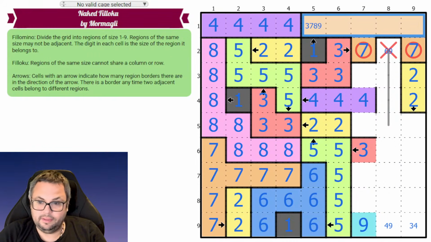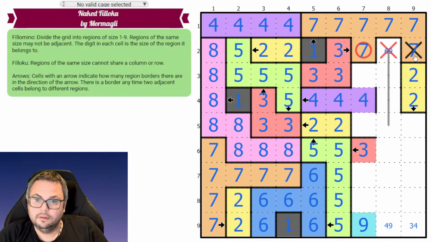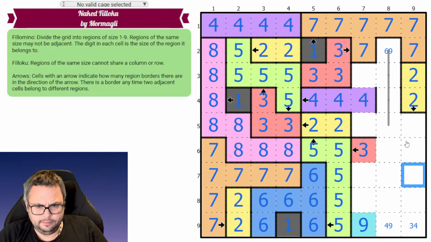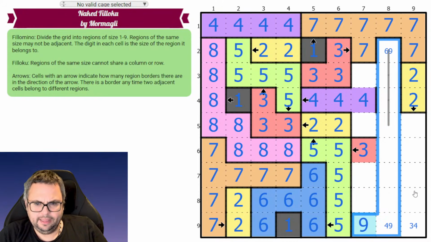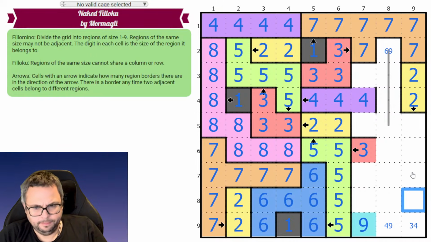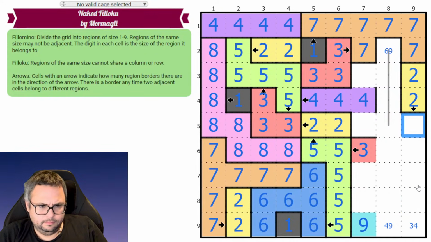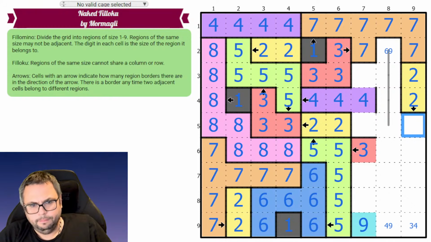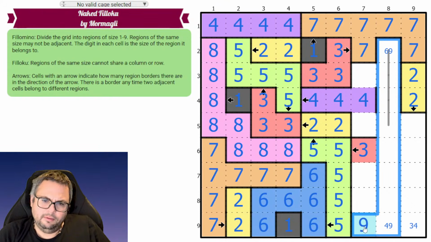Oh, we can put some 7s in. That's fine. Could certainly do a 9 like this, I think. Couldn't the 9 just be the lower blue? That would be perfect, right?